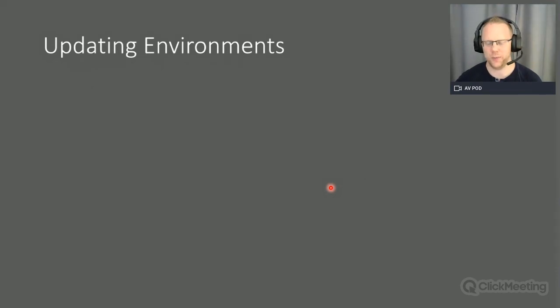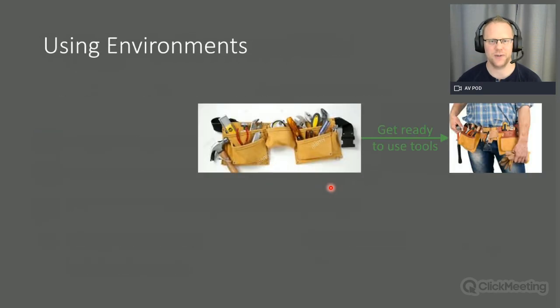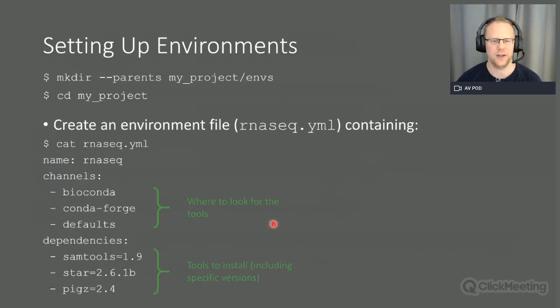Now, to update environments, for example, if I just head back to this YAML file, in here we had these versions, and SAMtools here is set to 1.9. We might want to know what happens at some future point in time when that version increases. There are new versions of SAMtools available now that are beyond 1.9.